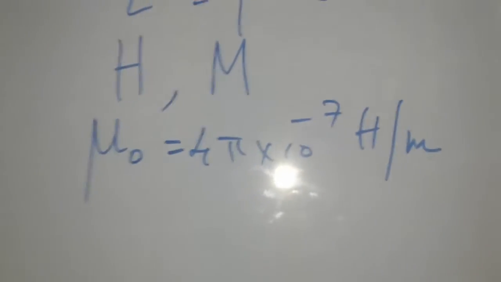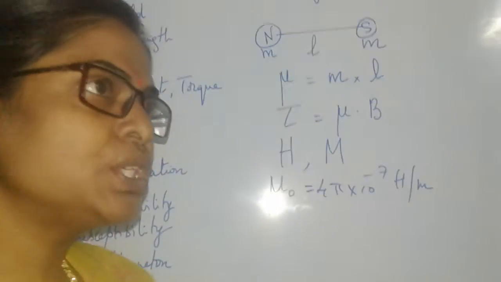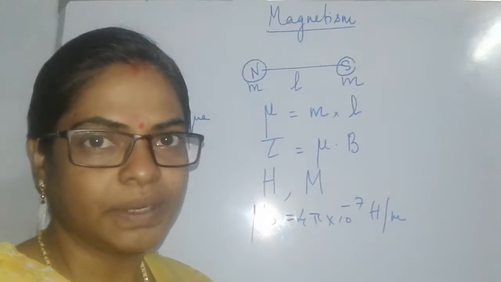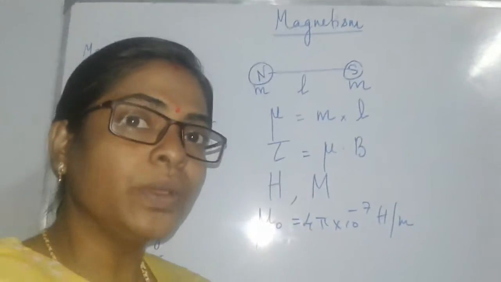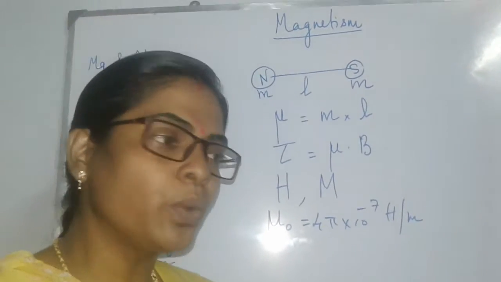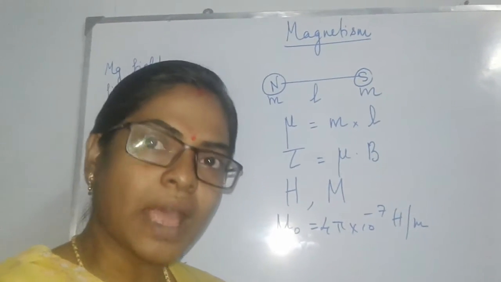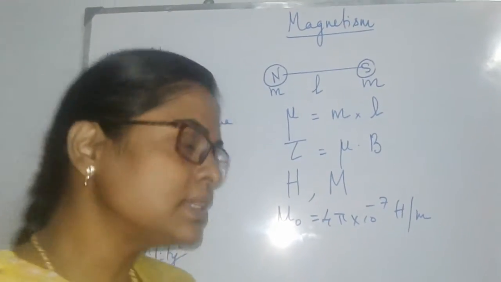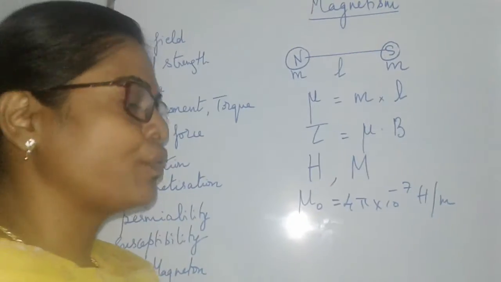Permeability is a measure of how easily we can magnetize a material, how easily the flux lines enter inside the magnetic material. The flux lines are nothing but lines of forces.